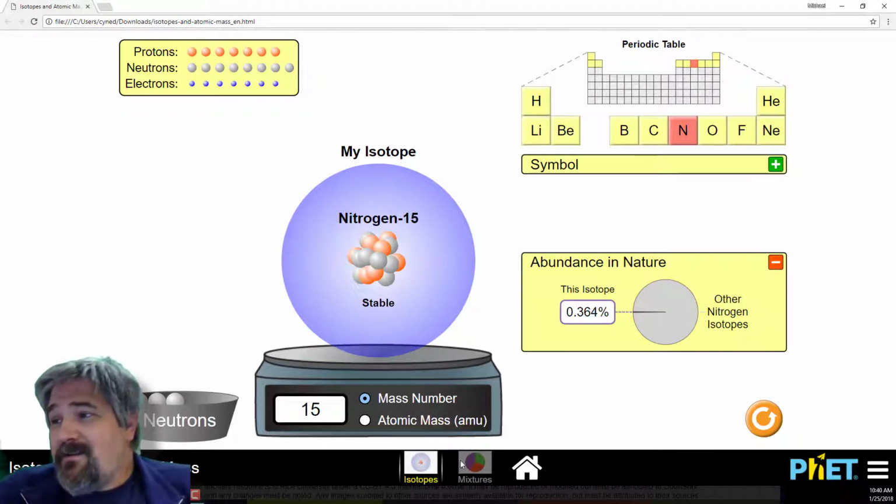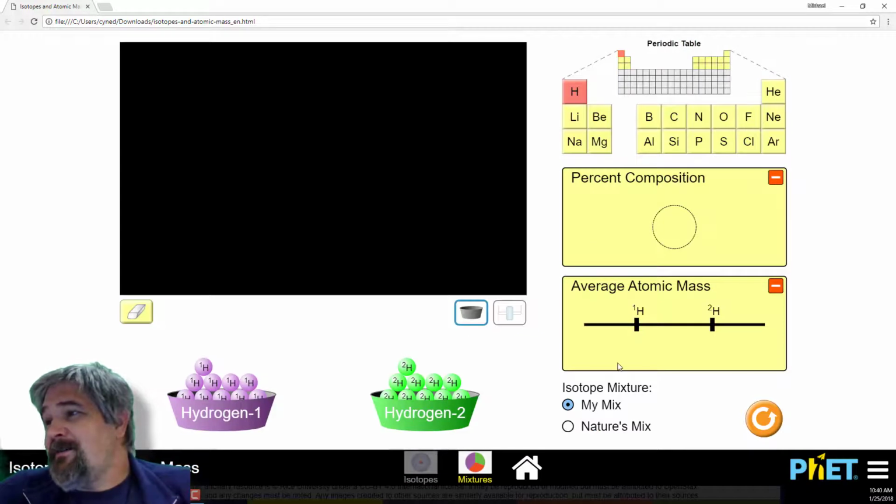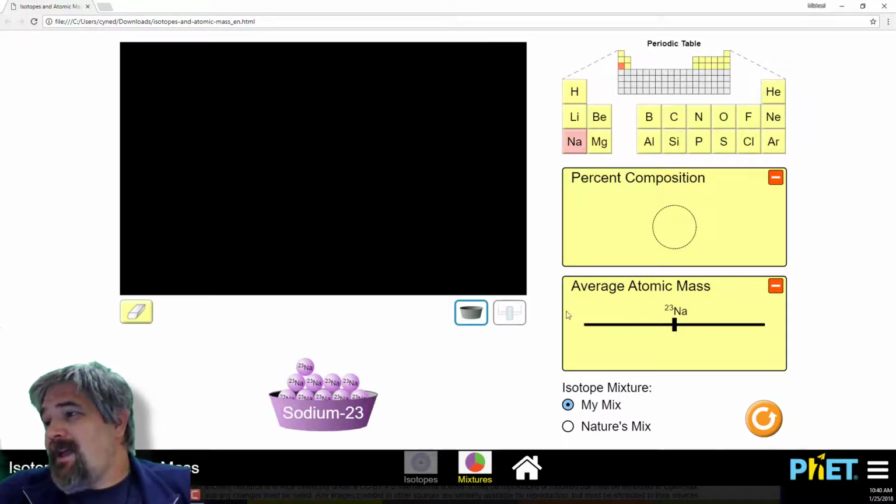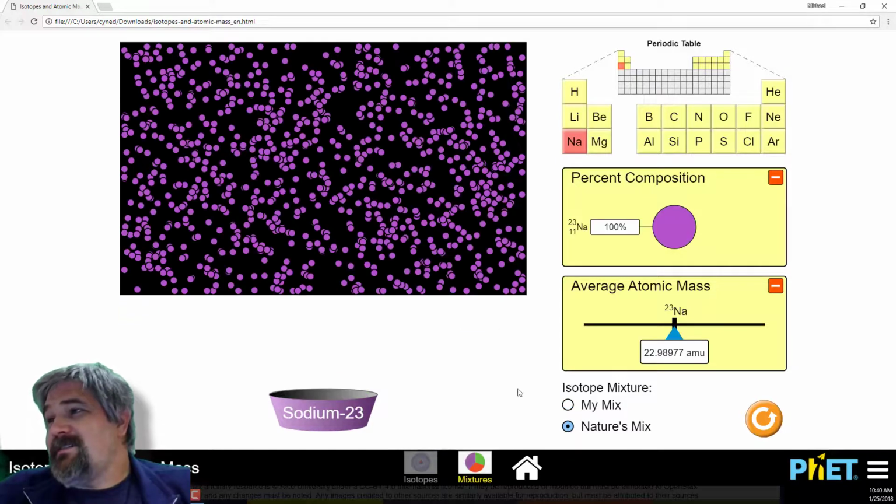Now the other option here is to look at mixtures. So if we take sodium and we go with nature's mix, we see that almost all of the naturally occurring sodium has an atomic mass of 23. There's a very small percentage that is slightly lower.